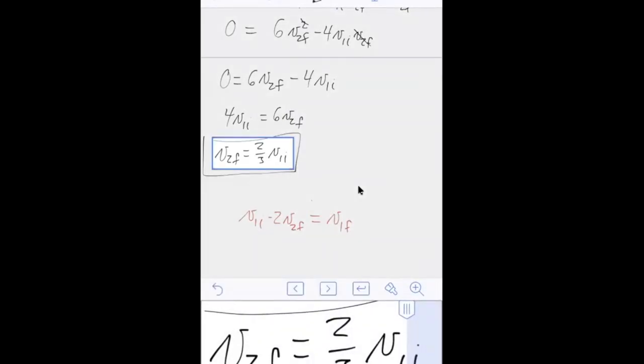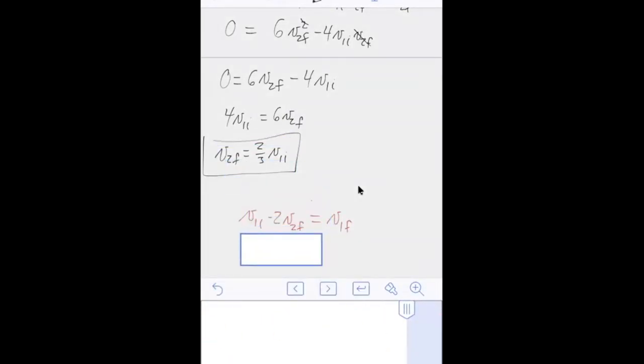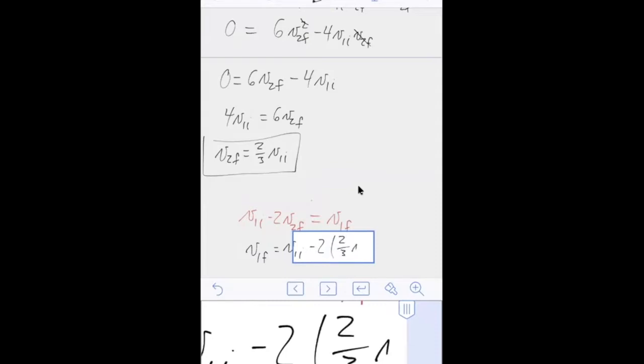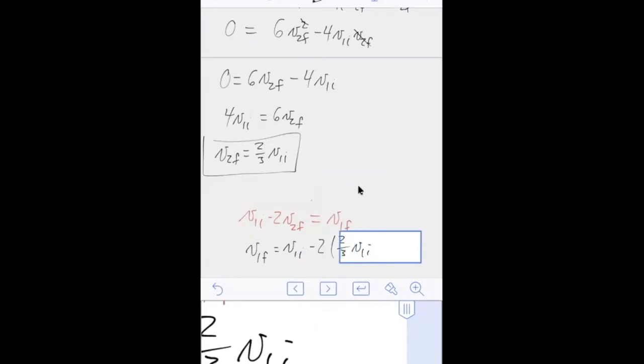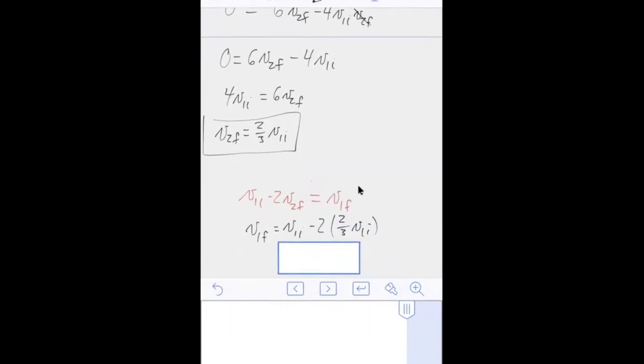I know that v1 final is equal to v1 initial minus 2 v2f, but I just solved for v2f, and that was 2/3 v1i. And so that gives me v1i minus 4/3 v1i, which means that v1 final is going to be equal to negative 1/3 v1 initial.